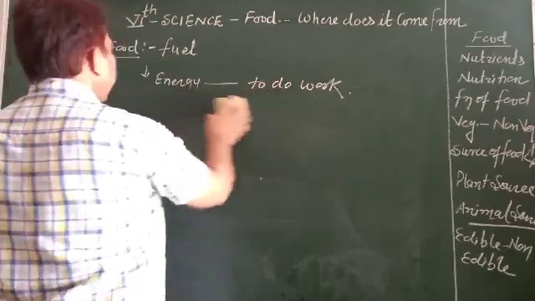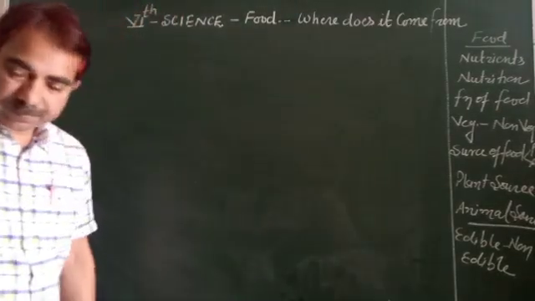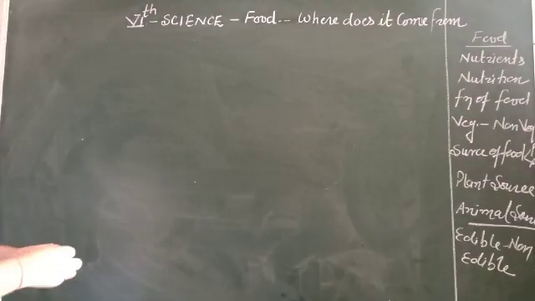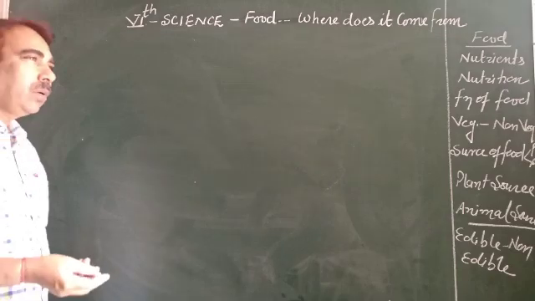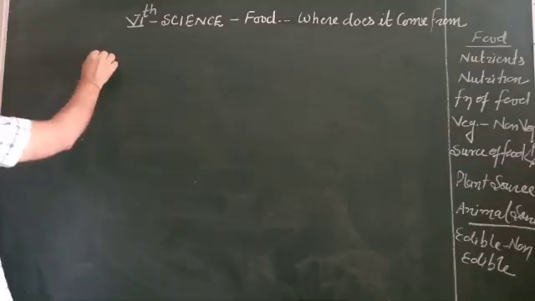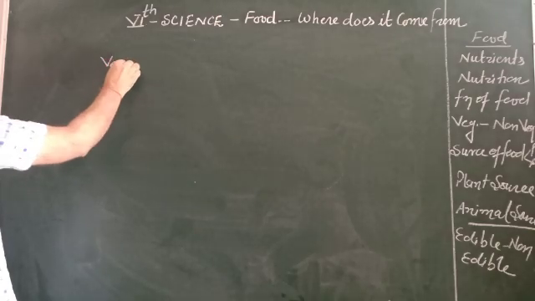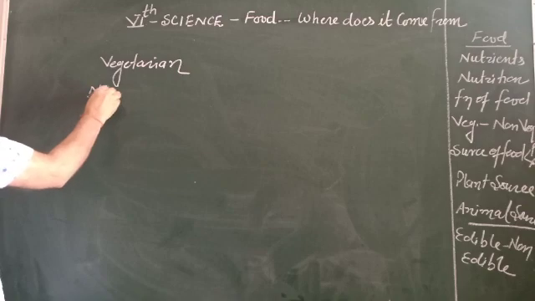Next, we have already discussed food, nutrition, nutrients. On the basis of food consumed, people or living organisms can be divided into two parts: vegetarian and non-vegetarian.